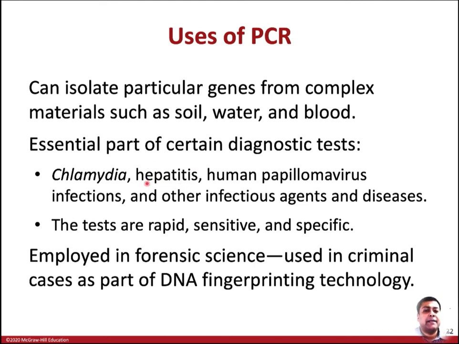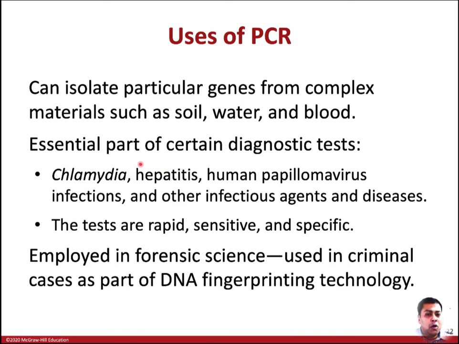you take the blood from there, you can just directly put those primers in and do the PCR reaction. If there is hepatitis virus in the blood, it will automatically produce a product of your interest. And this is the nice thing about it. Suppose you know where these primers are going to bind on the hepatitis virus gene.